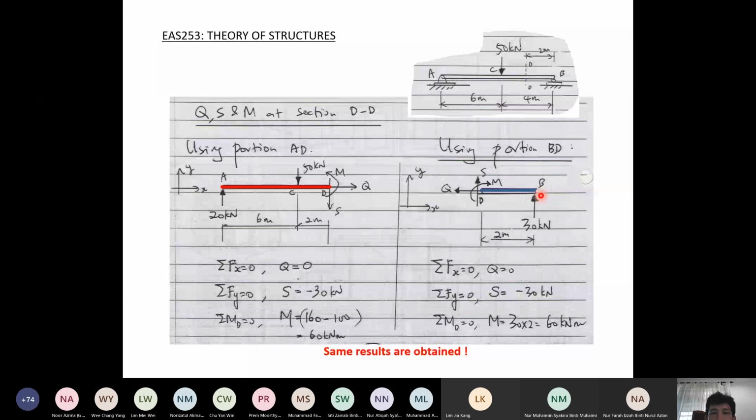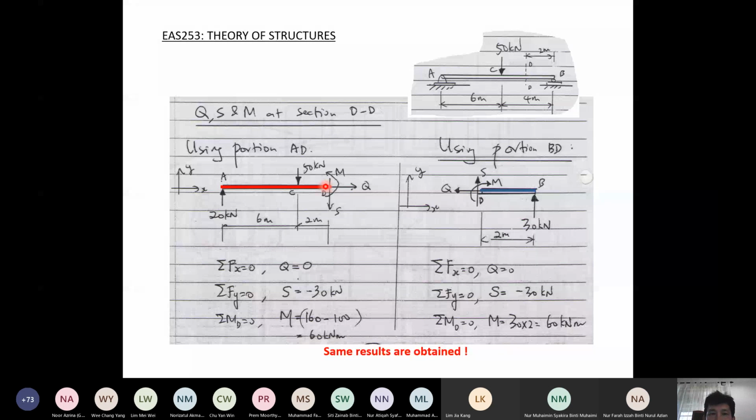Okay. Now, the same results are obtained only if we use a consistent, what we call, positive direction for Q, positive direction for S, and positive direction for M. Here, if you pay attention to this free body diagram and this free body diagram, you see Q is pointing like this, here is pointing like this, S is pointing down, this is pointing up.